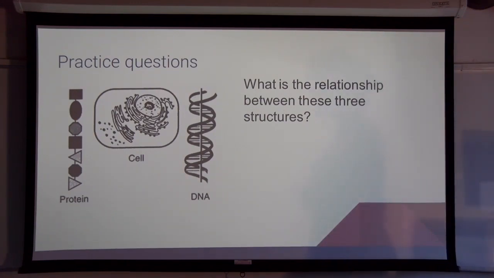What's the connection? Right, so if we think here's the cell, where's the DNA found? Inside the cell? Right, and the DNA codes for what? Right, so it codes for the protein. So the DNA is found in the cell, and the DNA codes for the particular specific protein that will be made. So that's the connection between all three.